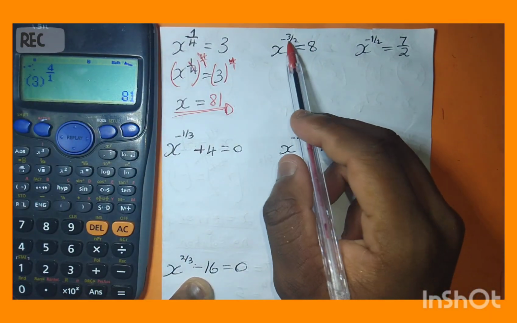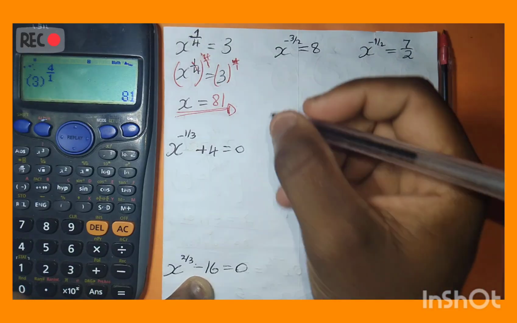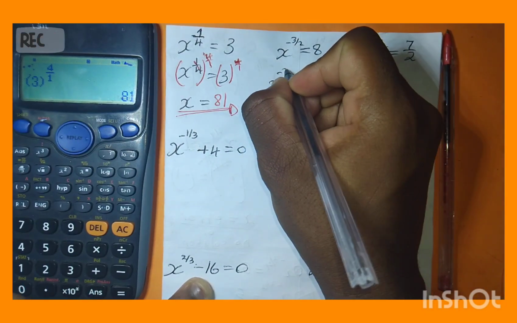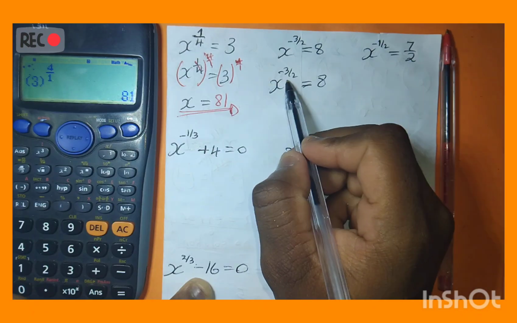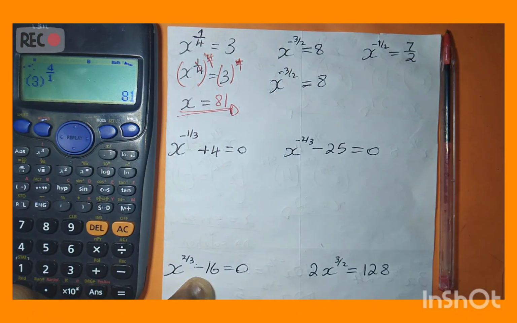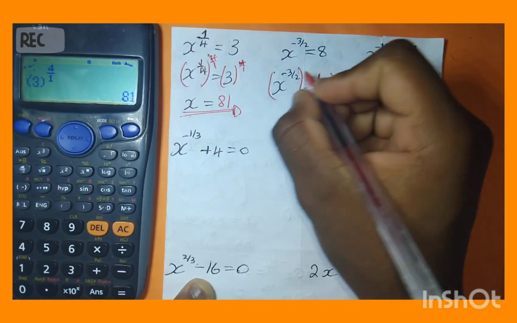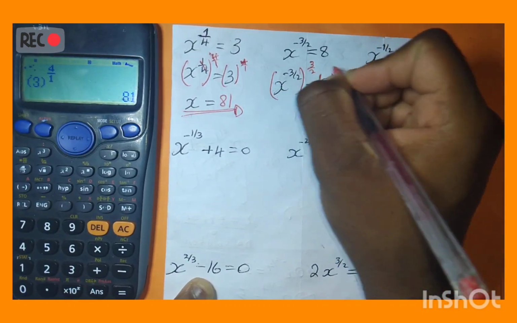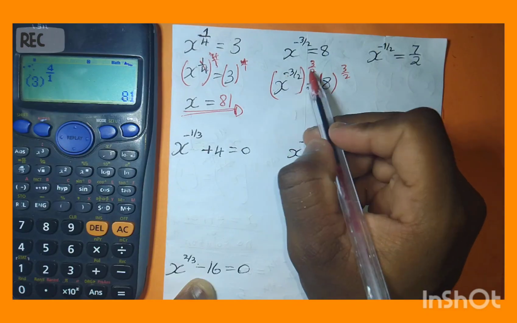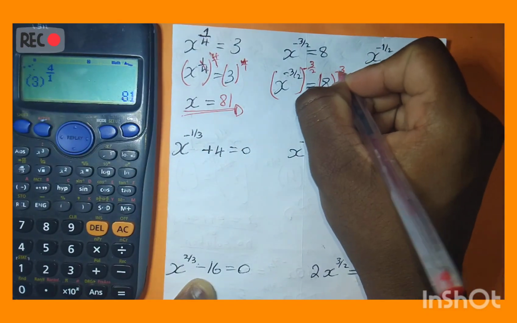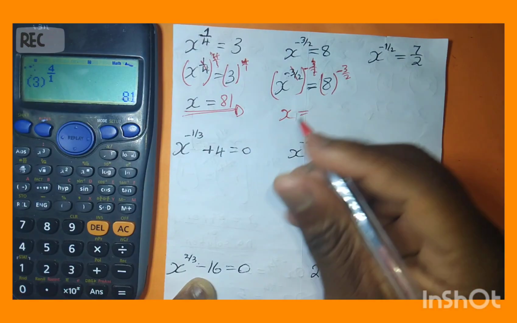Then what about this one? If it has a negative, it's straightforward, guys, don't get confused. You just do the same thing here. If you have a base which has an exponent fraction, to remove that exponent fraction you just take the reciprocal of it on both sides. But if it has a negative, you should also include that negative, so that these get cancelled. Here I will only be left with x.